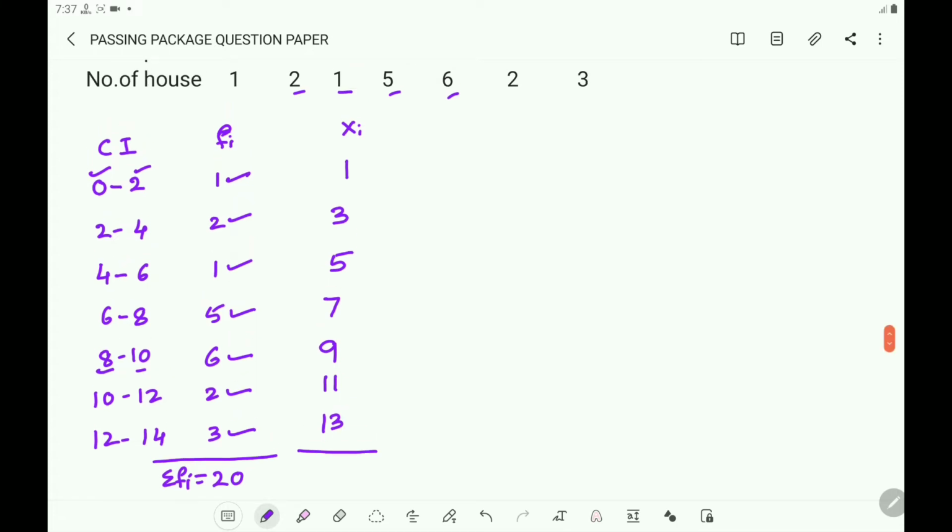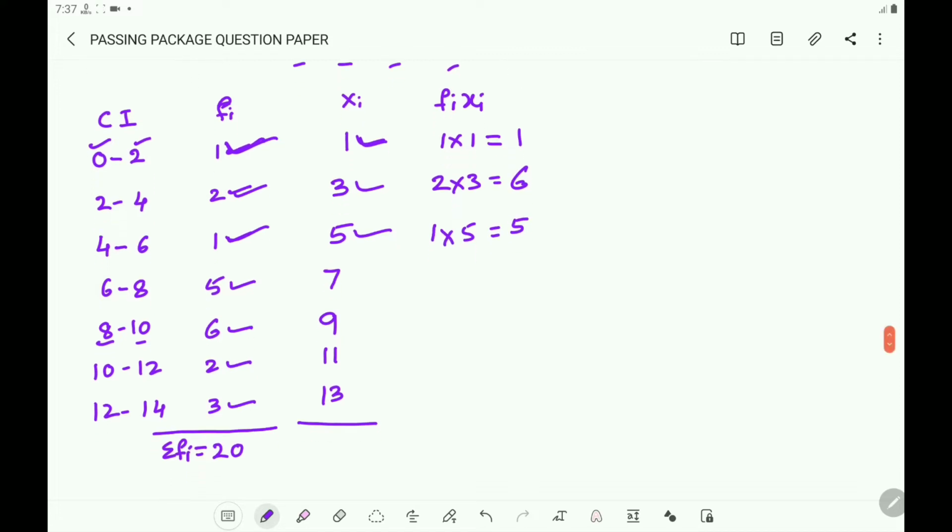Then in the next column, that is Fi Xi, the product of this and this. So it is 1 into 1, that equals 1. Then 2 into 3 is 6. Next 1 into 5 is 5. Then 5 into 7 is 35.